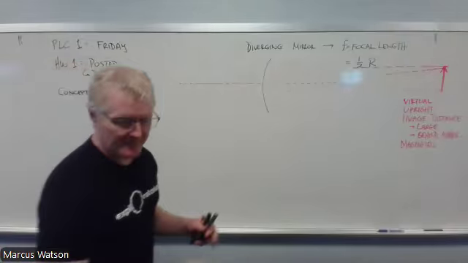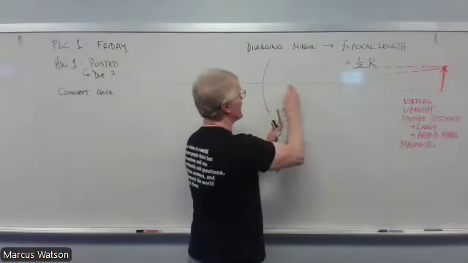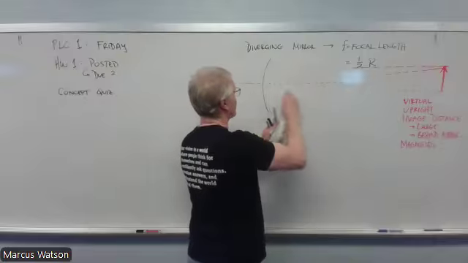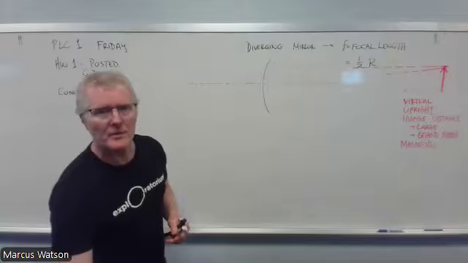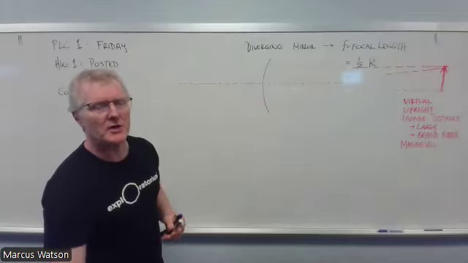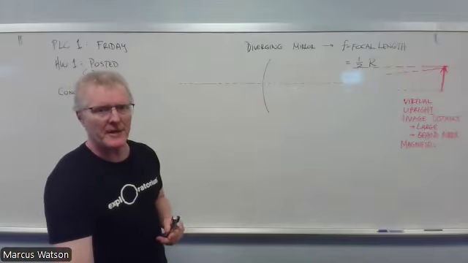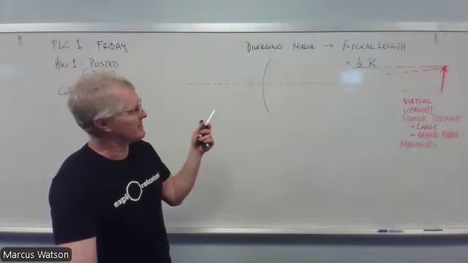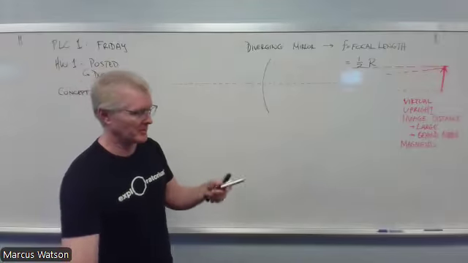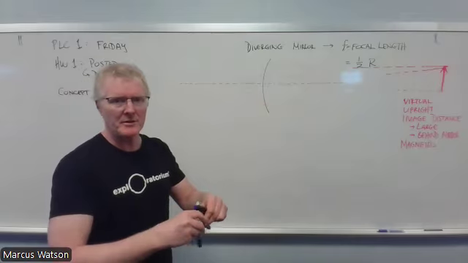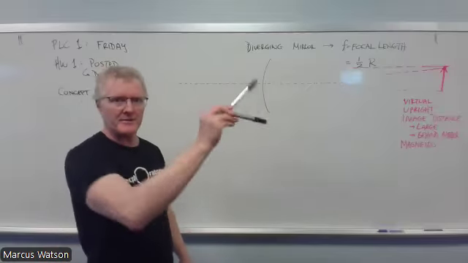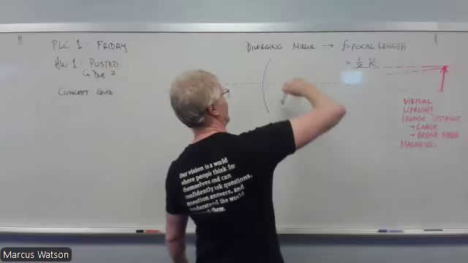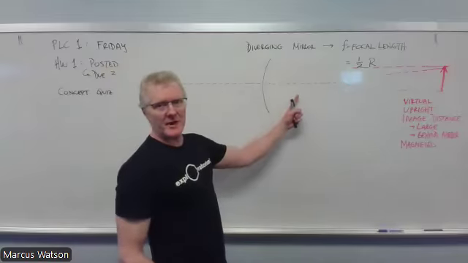Now, first thing to notice about the diverging mirror: where is the center of the circle that is making this mirror? If I take my compass and make my diverging mirror by doing this, notice it's gonna have to be over here.